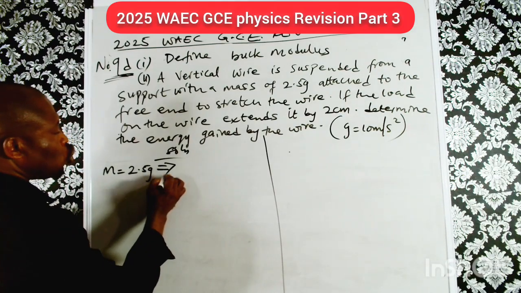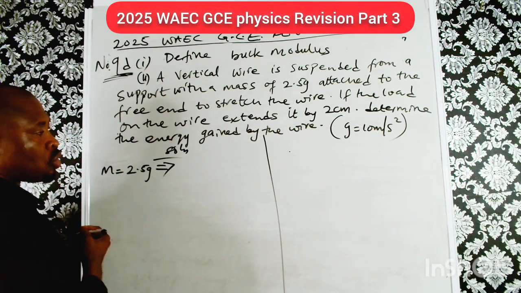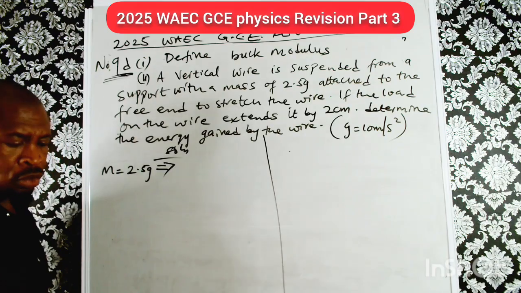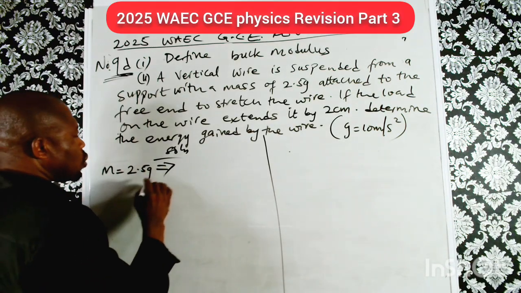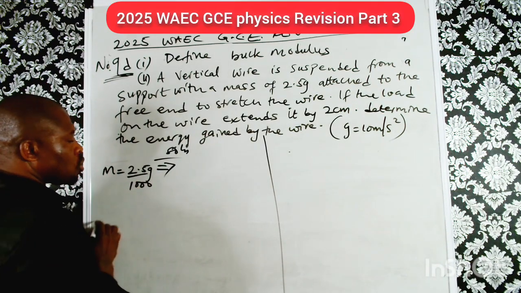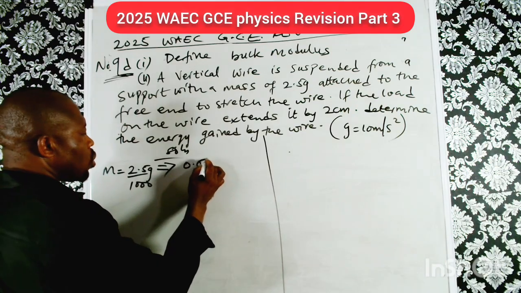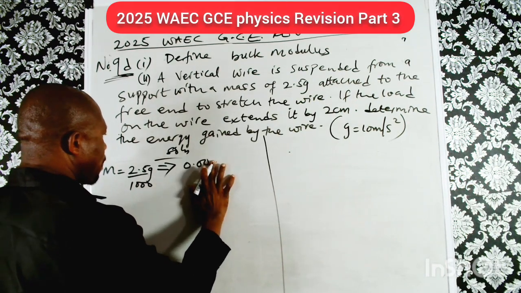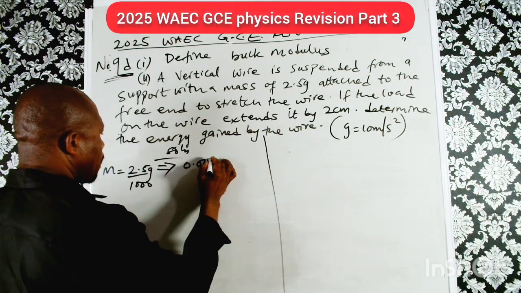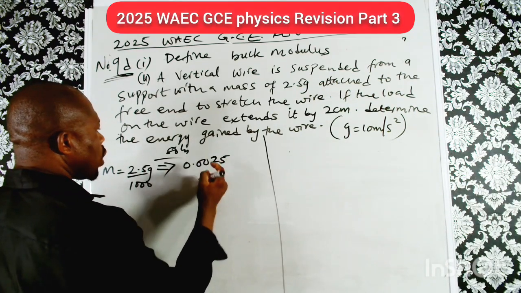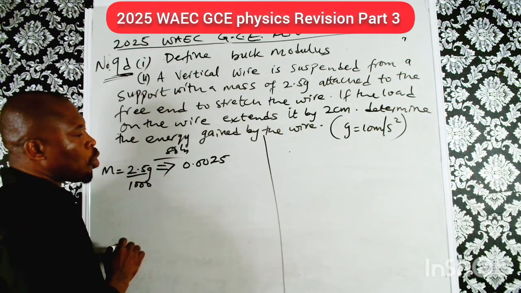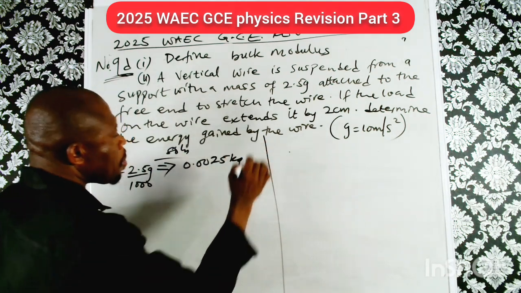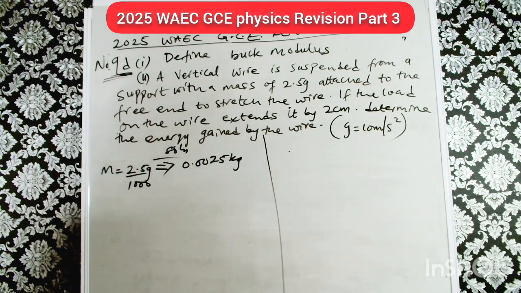Immediately move it to kg by dividing by 1,000. That gives us 0.0025 kg.